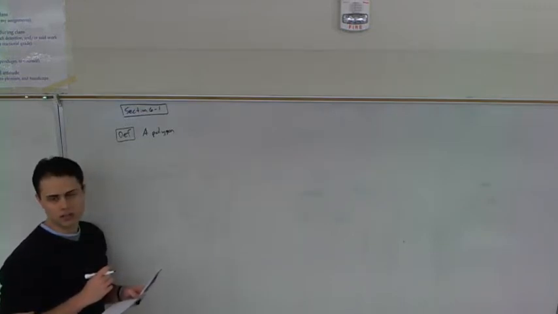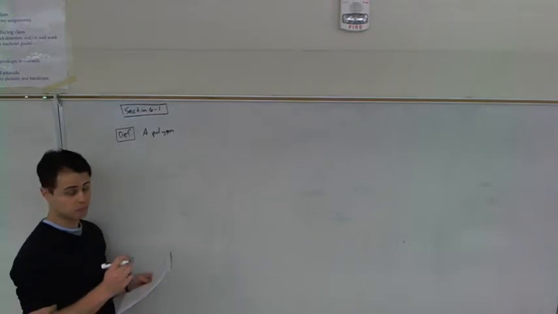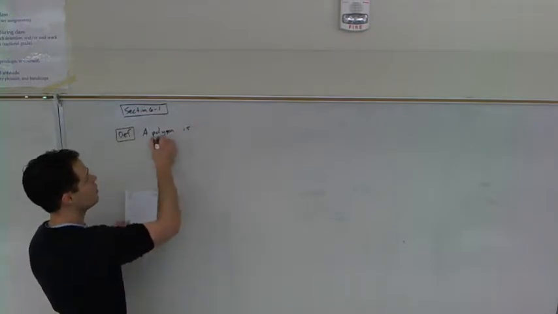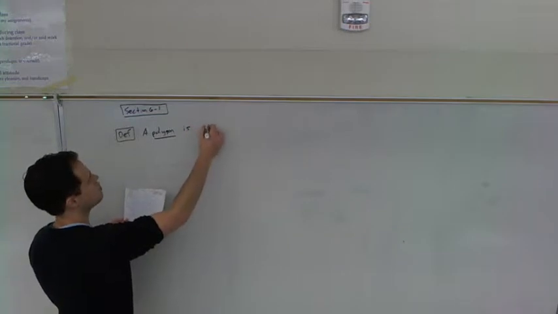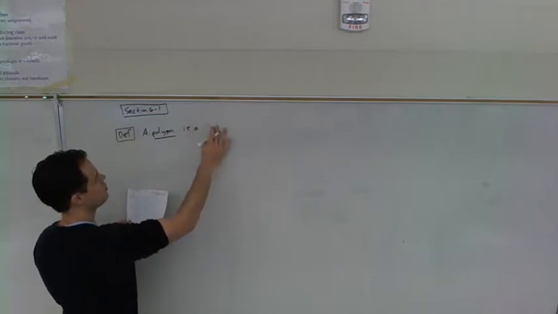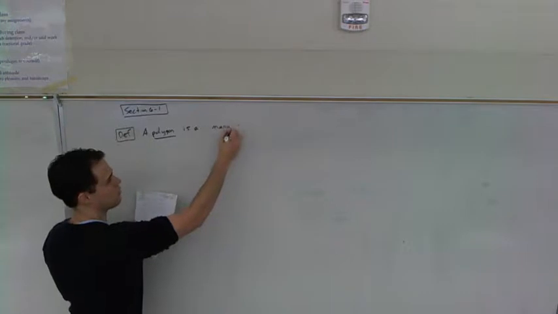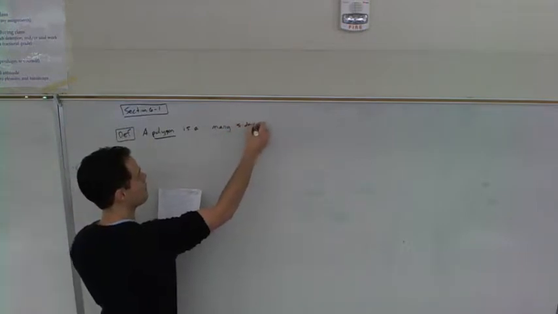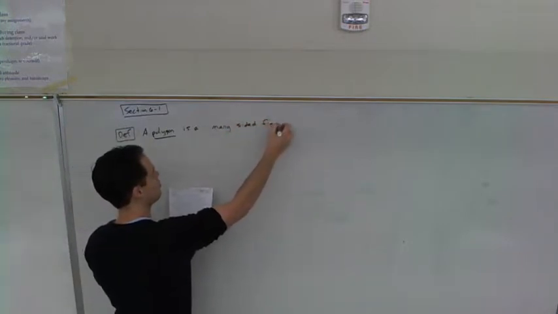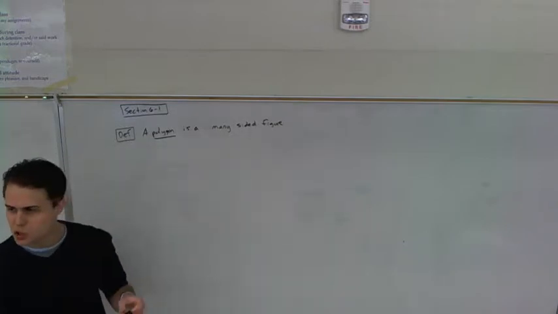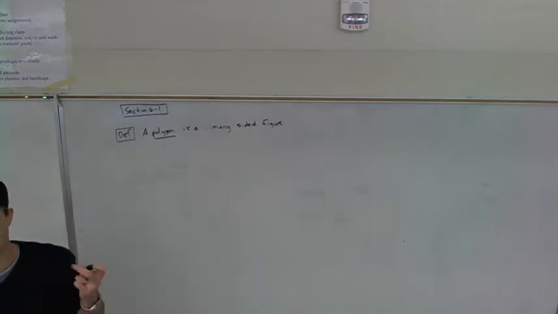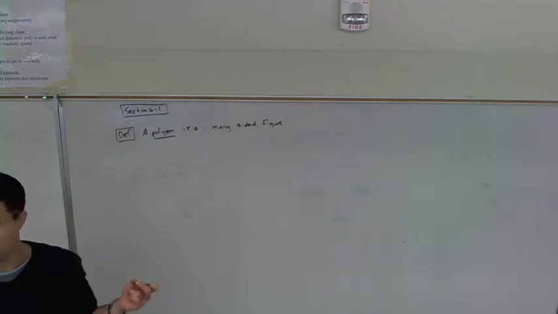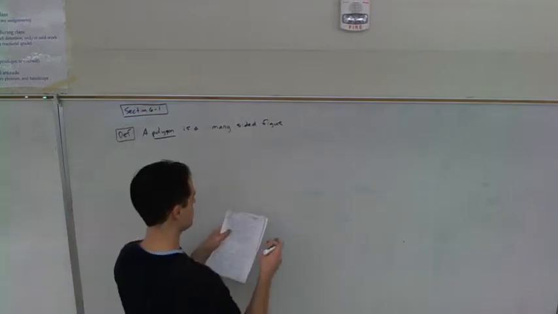So a polygon, guys. What is a polygon? It's a many-sided figure. Okay, so what's that root word poly? Poly means many. It means more than one. Gon means a figure that's a plane figure. That's what it means, okay?